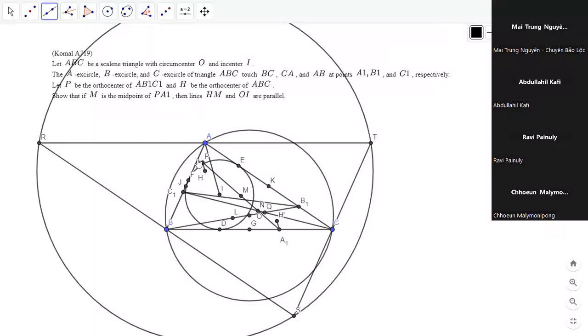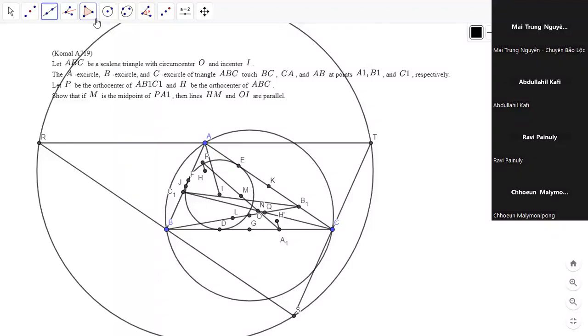We need to use that P is that point. But it's definitely a step in the right direction.